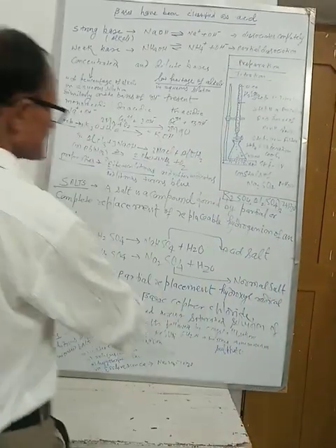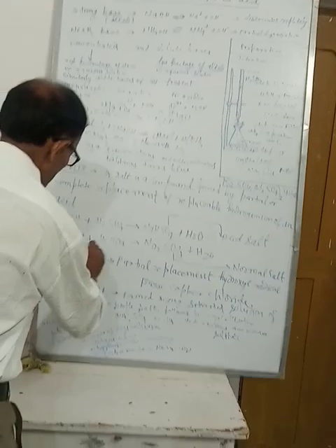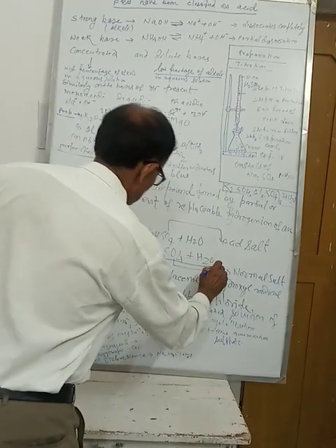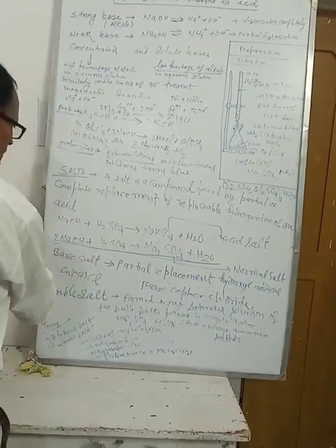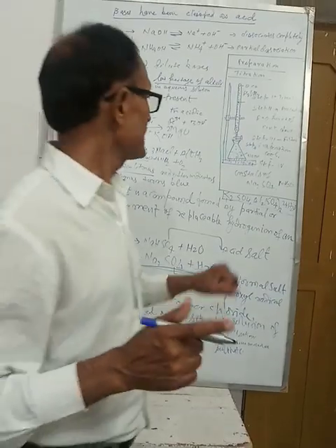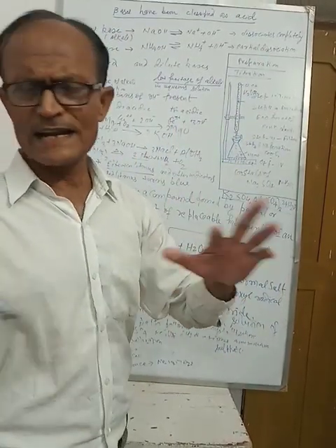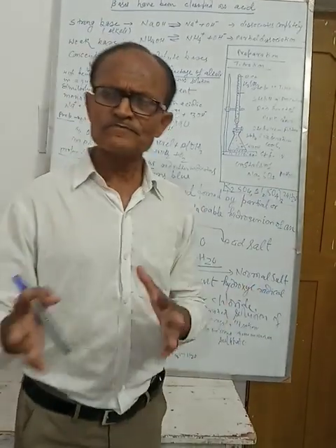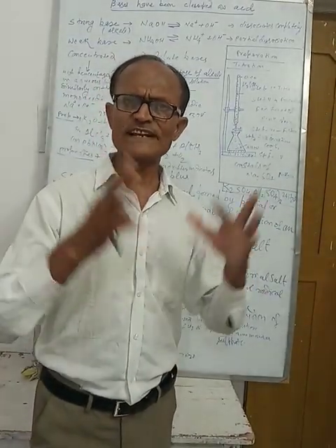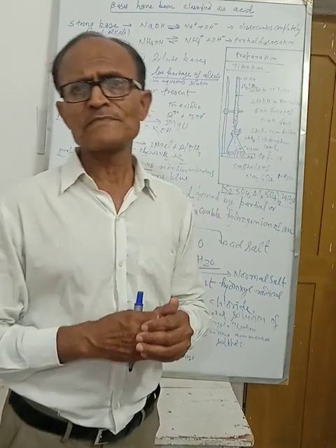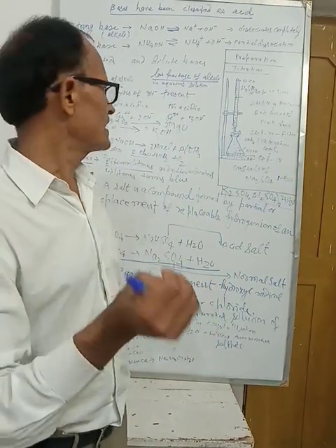By this process, NaOH plus H2SO4 gives Na2SO4 plus H2O, and in this way we obtain salt by titration, the second way of preparation of salt. There are other ways by which soluble and insoluble salts are also prepared. That can be seen in the book.